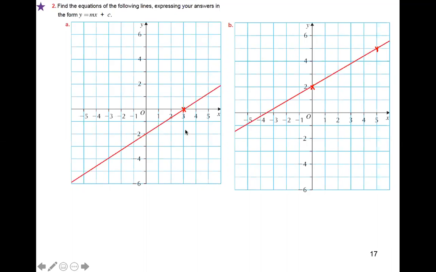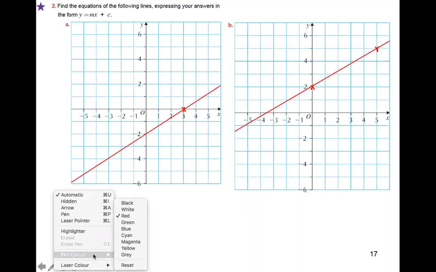That would be the vertical change against 3 along. So 2 divided by 3 would be my gradient, for example.